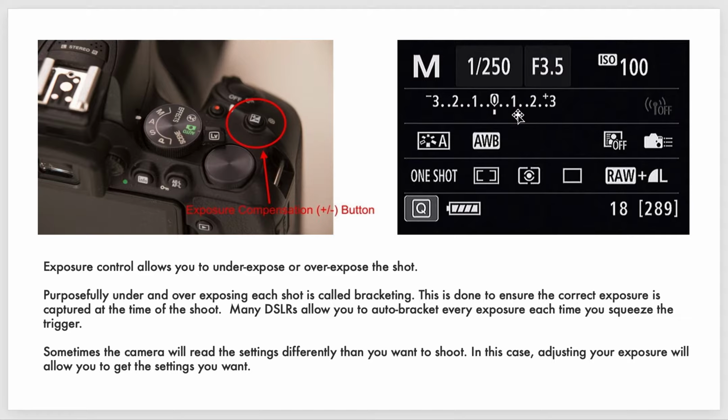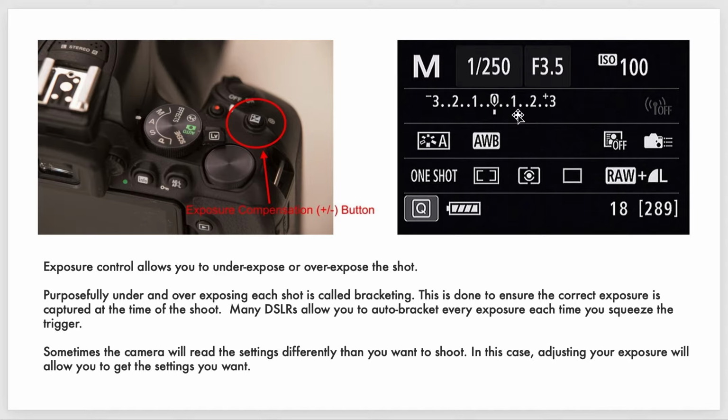What that means is take one f-stop underexposed and one f-stop overexposed when you're shooting to ensure that you've captured the right exposure.